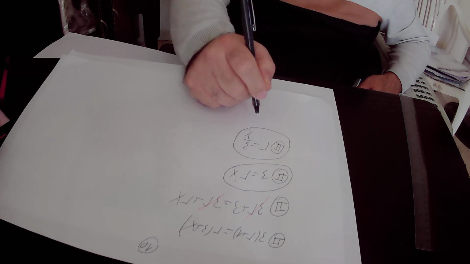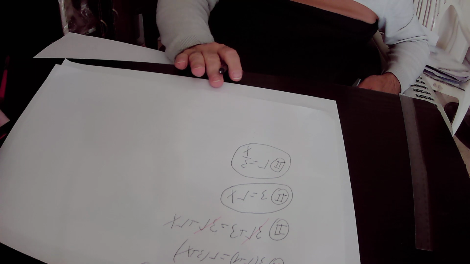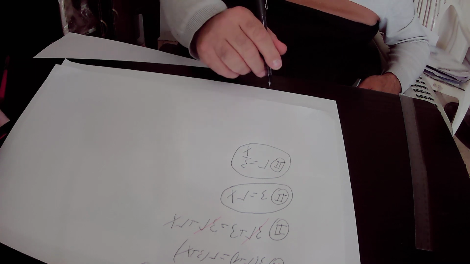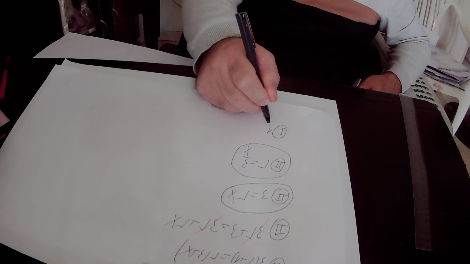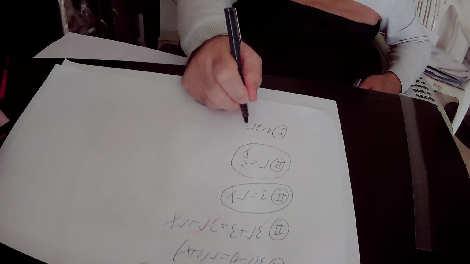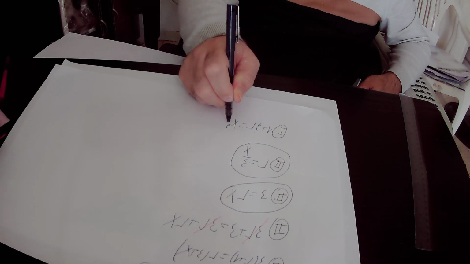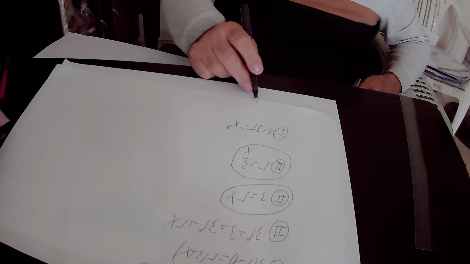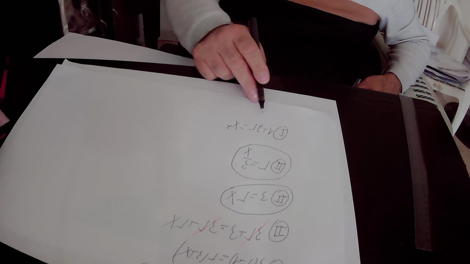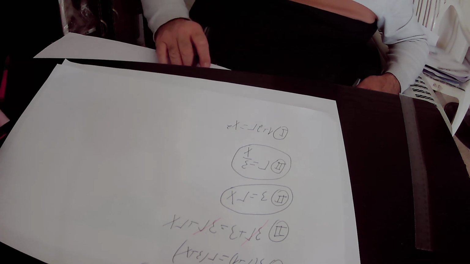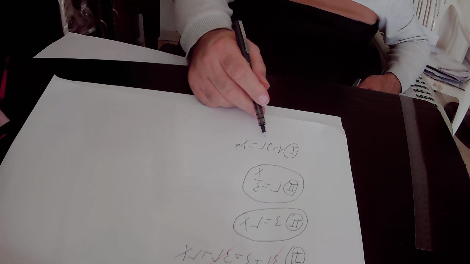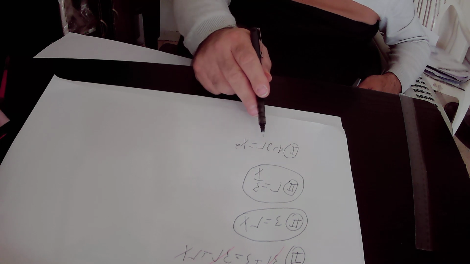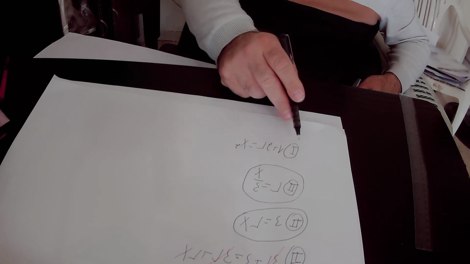So we found out that the radius of the semicircle R equals 3 over x, but according to equation number 1, 1 plus 2R equals x squared. So here we can substitute R in equation number 1 by 3 over x, because R equals 3 over x according to equation number 2.